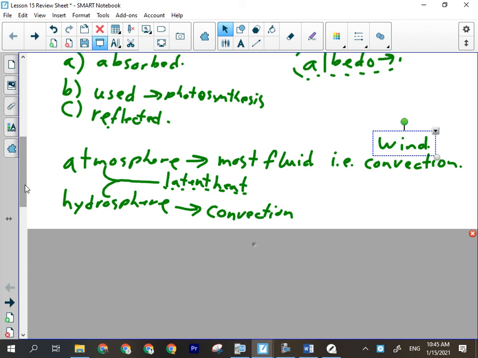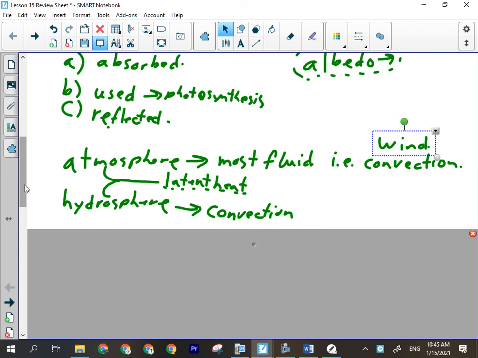What's latent heat again? Okay, probably something we should go over then. Latent heat is the energy stored in water vapor. What wind mechanism is responsible for moving latent heat around? Jet stream. Is that something you should probably mention when you're talking about global energy transfers?